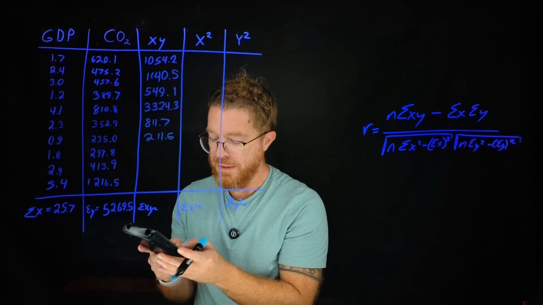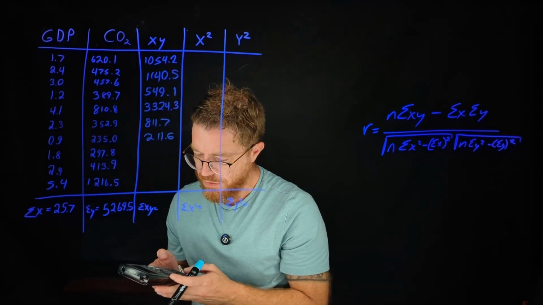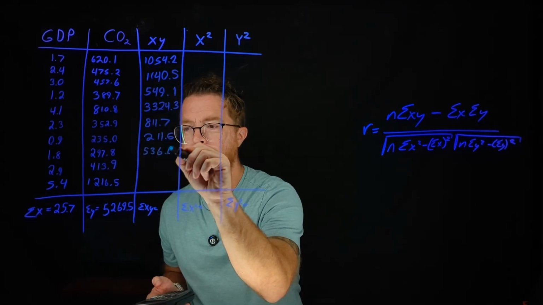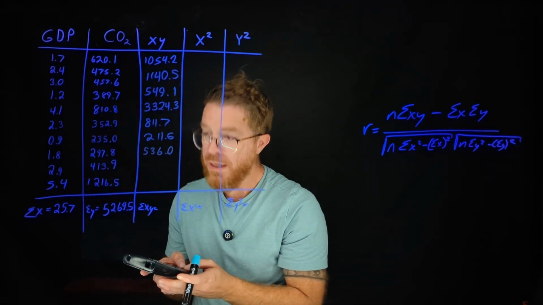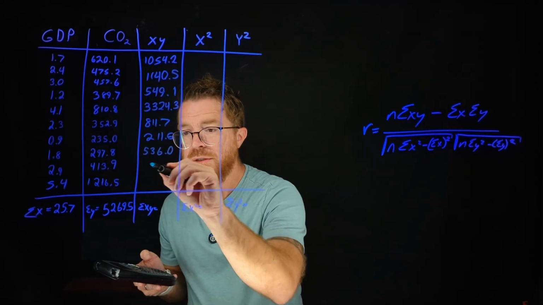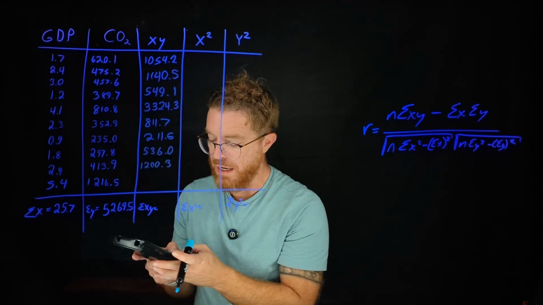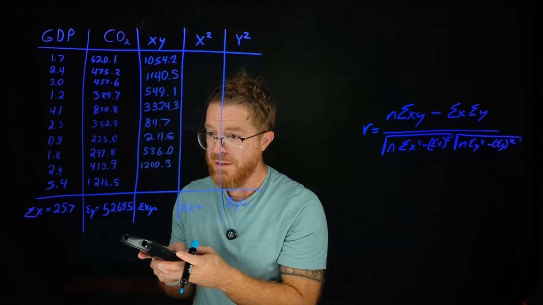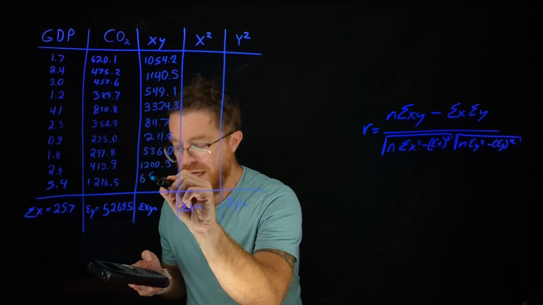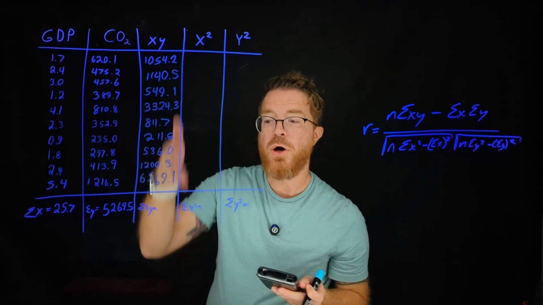Next we have 1.8 times 297.8, which gives us 536.0. 2.9 times 413.9 gives us 1,200.3. And then the last one, we have 5.4 times 1,216.5, which gives us 6,569.1. And now we need to sum all of these up.